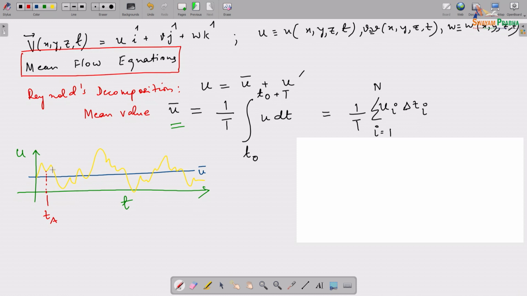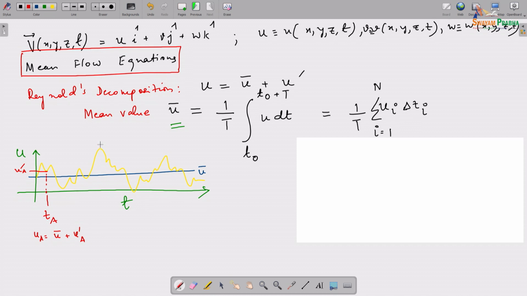This value is my u dash. U dash is the fluctuation. So at this TA, let me call it u dash a. So here the velocity ua is equal to the mean plus u dash at a.